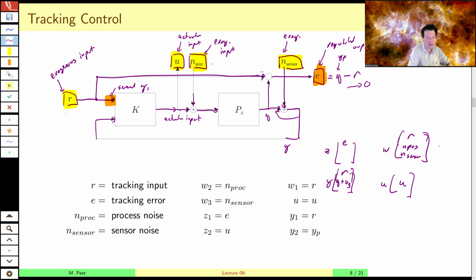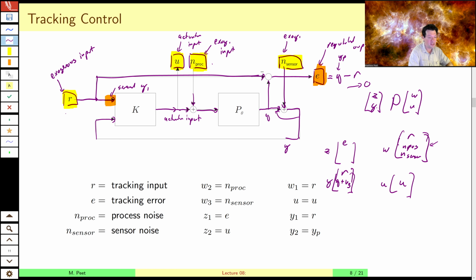So technically our P, when we have it, will map those 4 W signals in, so it's a 2-input framework, but input 1, of course, is a concatenation of 3 separate signals, which of course may individually be vectors themselves. And it maps those to the Z and the Y.